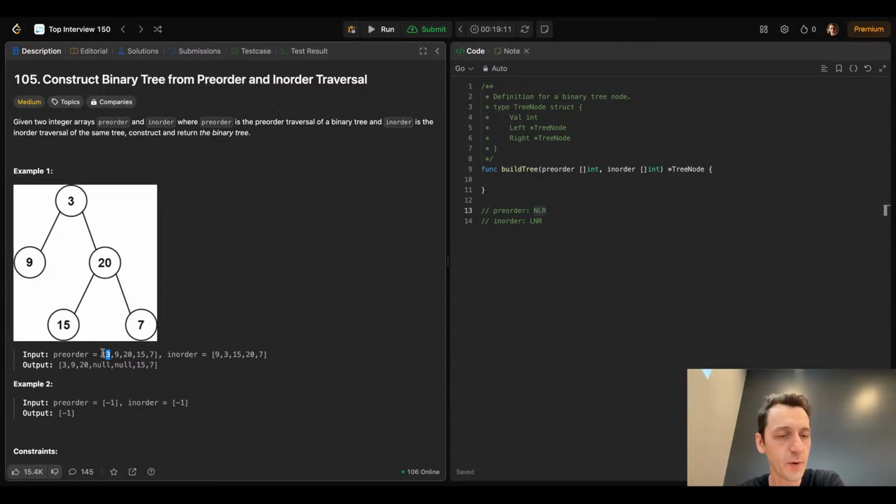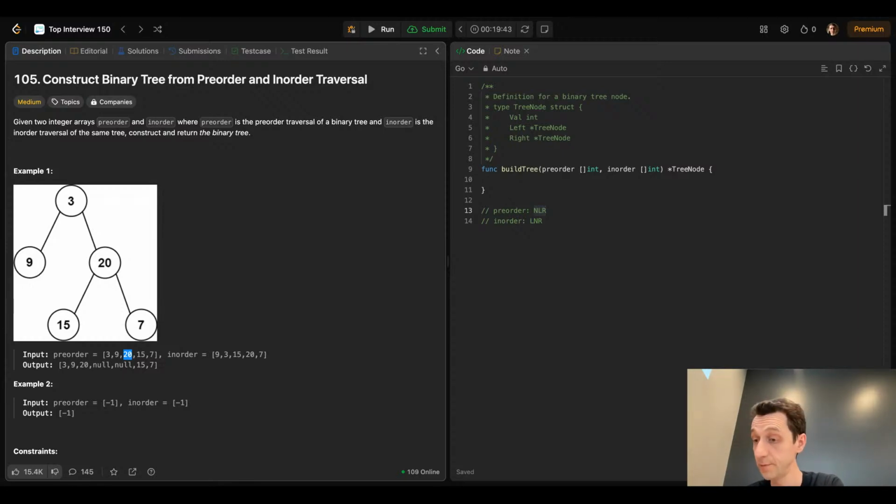So it starts with the root, then it goes whatever the left branch returns, then whatever the right branch returns.